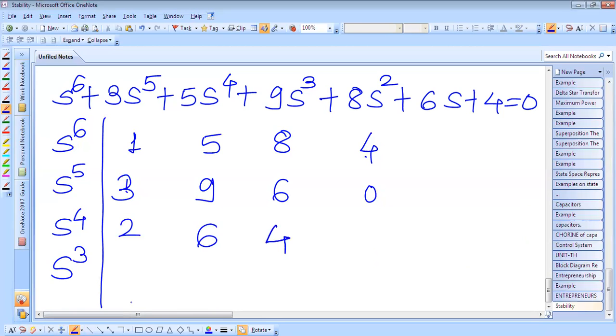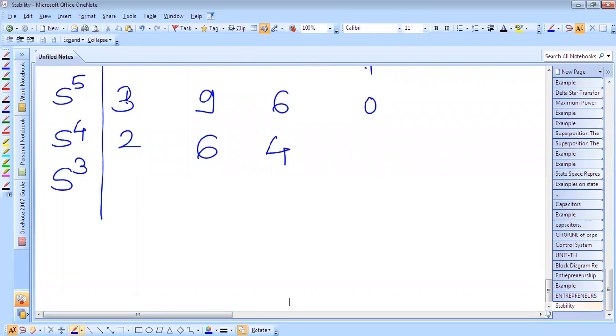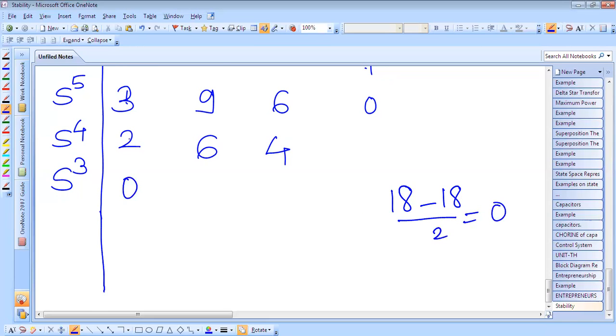Next, as we have to find these elements, 9 into 2, this is 18, minus 6 into 3, 18 by 2. So we have got here 0. Again 6 into 12, 6 into 2, 12, minus 4 into 3, 12 divided by 2. This element we also got 0, and this is also 0.